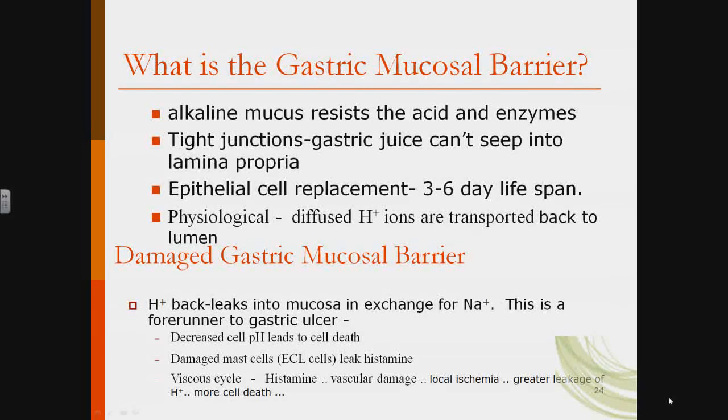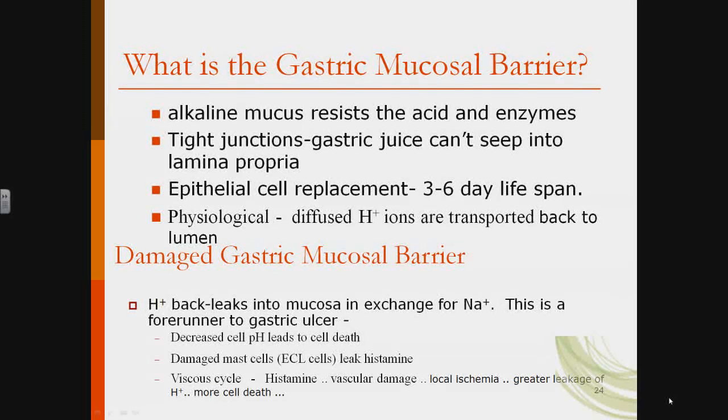Cells that are dying through necrosis, they just dump out their contents. And when they dump out their contents, it leads to damaged mast cells, and this means also damage to the enterochromaffin-like cells, and they start to leak histamine, the distress signal. And it's a vicious cycle.